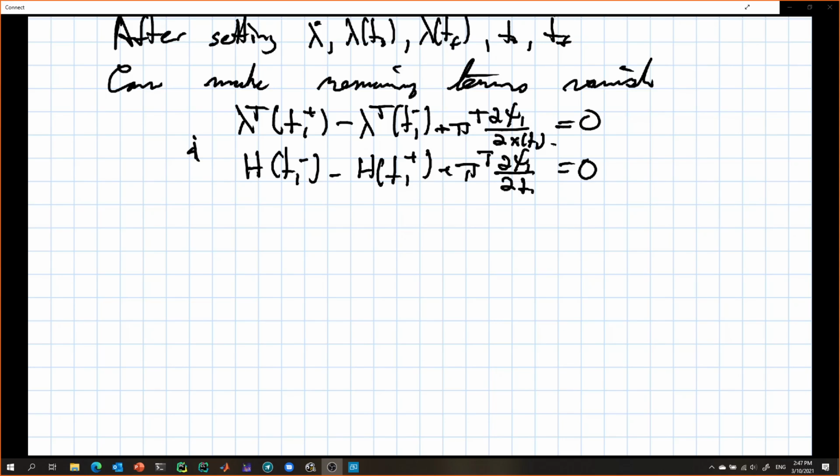In addition, if time shows up, you will have a jump in the Hamiltonian, which, as I said before, acts as a kind of co-state for the time.